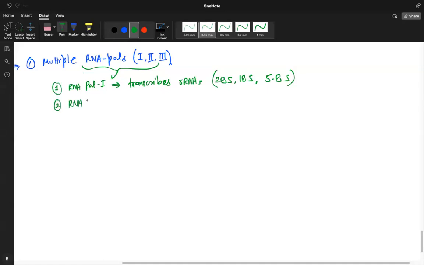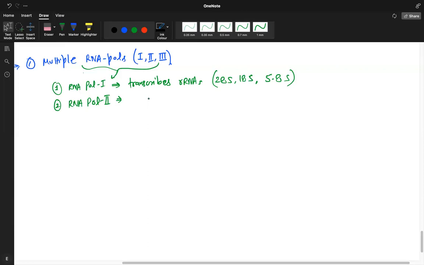Then there is RNA pol 2. And this is a very important one because RNA pol 2 is responsible for making mRNA. But as I told you, in eukaryotes, you cannot directly make an mRNA, right?